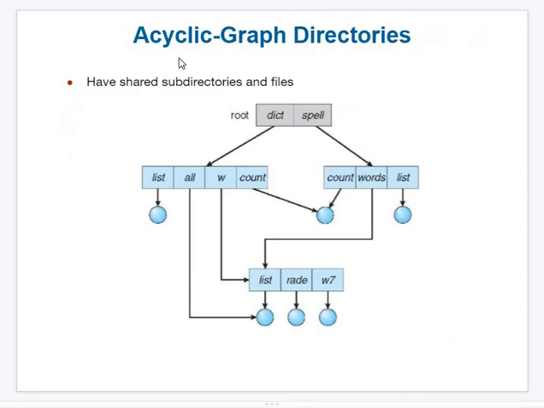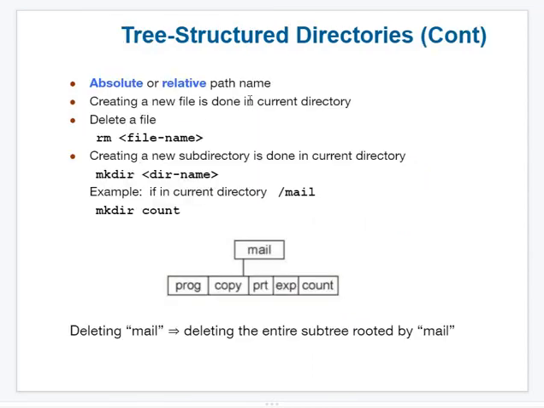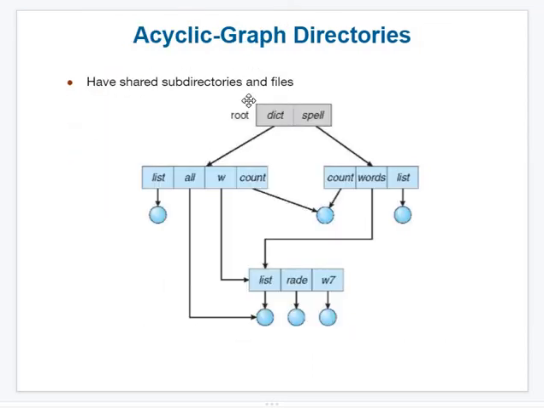Coming to the next, acyclic graph directories. What do we mean by acyclic graph directories? So far, no two files are really shared, or a file is given exclusively to a different user. Let's say now there are two users, user 1 and user 2. They want to share a file under the count subdirectory.